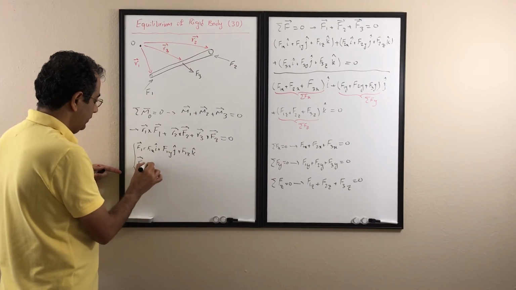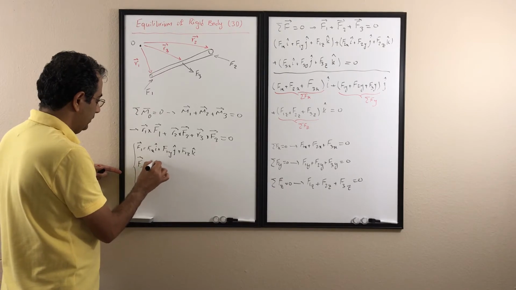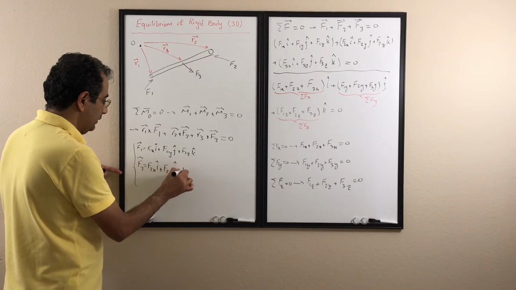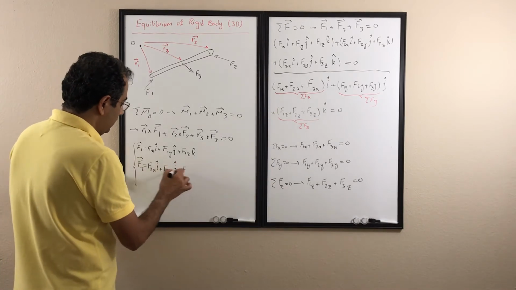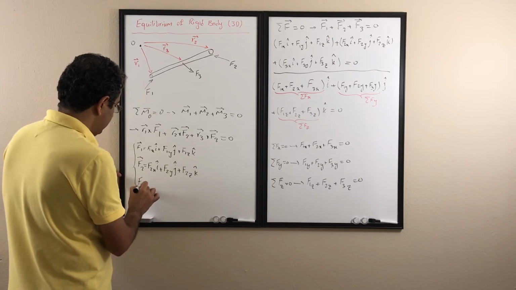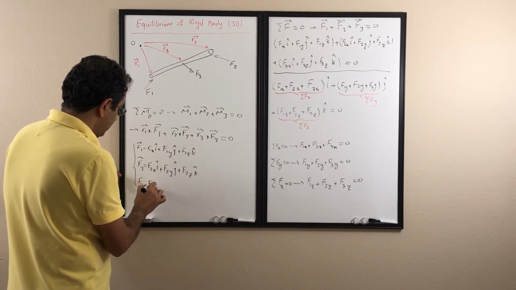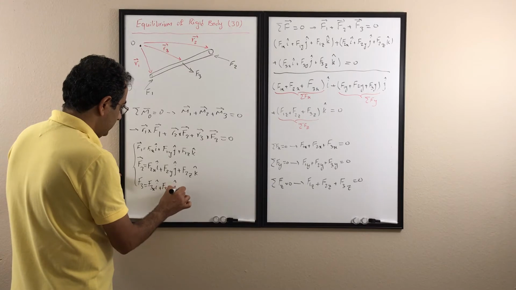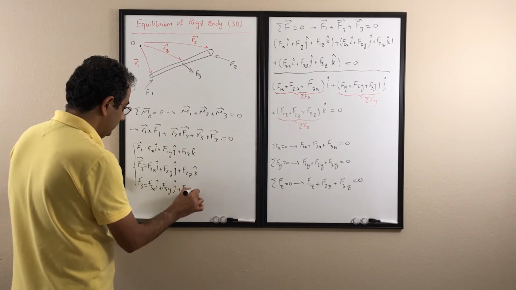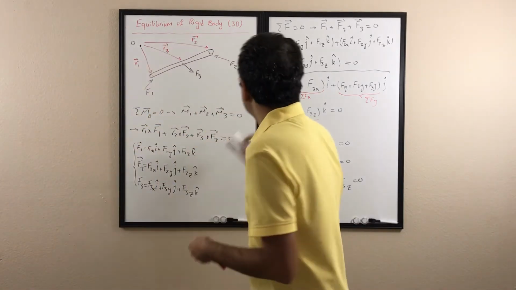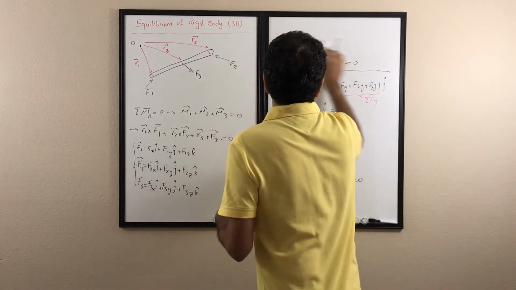F2 is F2x i plus F2y j plus F2z k. And F3 is going to be F3x i plus F3y j plus F3z k. And then we need to calculate R1, R2, and R3.